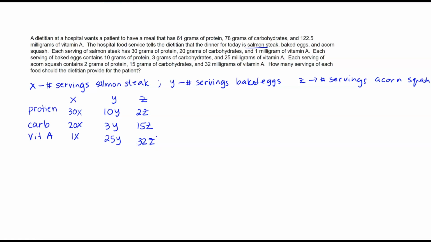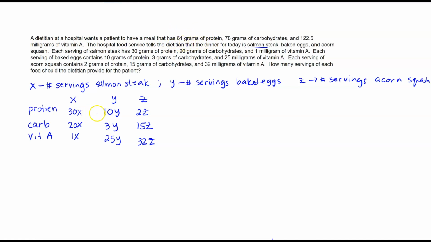Now, to write the equation, we can actually use this information here. Notice that a dietitian at the hospital wants a patient to have a meal that is 61 grams of protein.